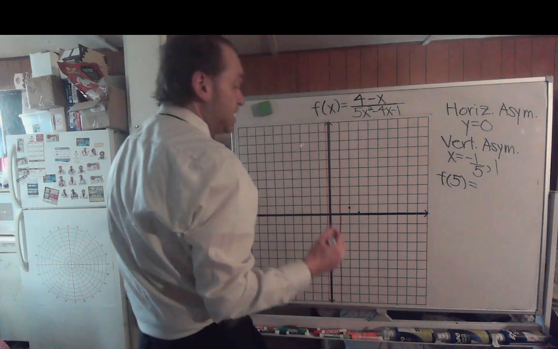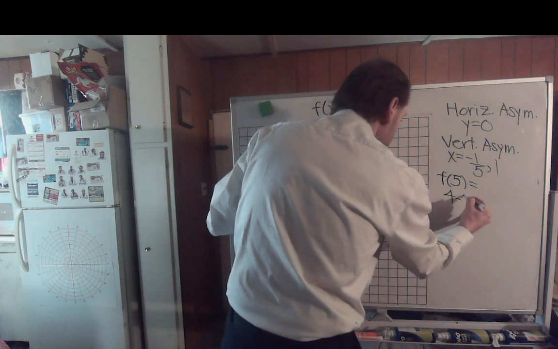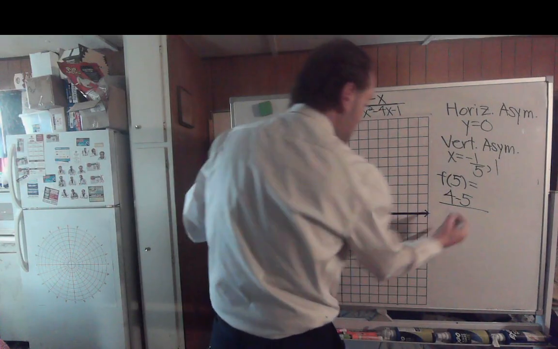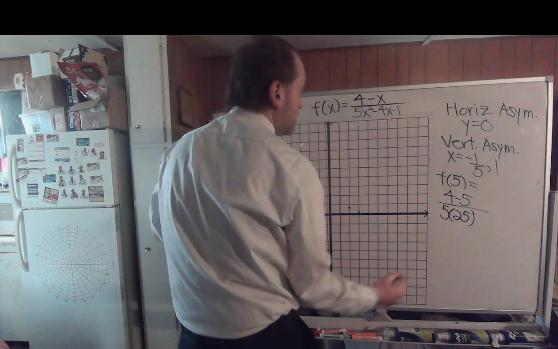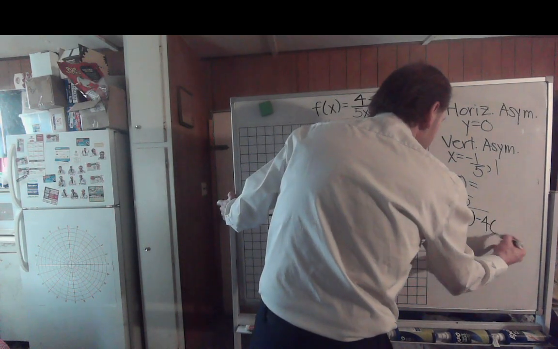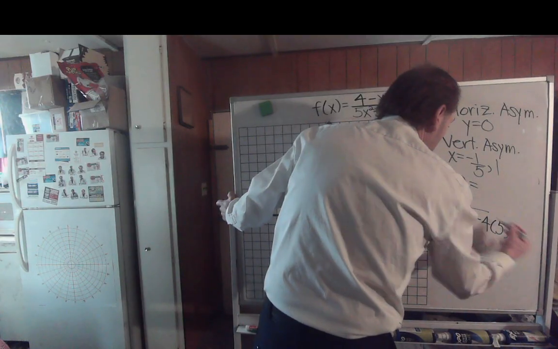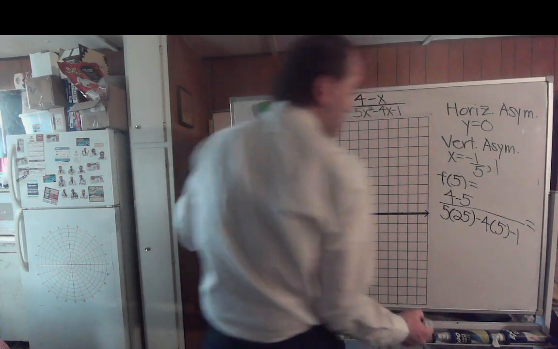So f of 5, that's going to give you 4 minus 5 all over 5 times 25 minus 4 times 5 minus 1. Well, what is 4 minus 5?